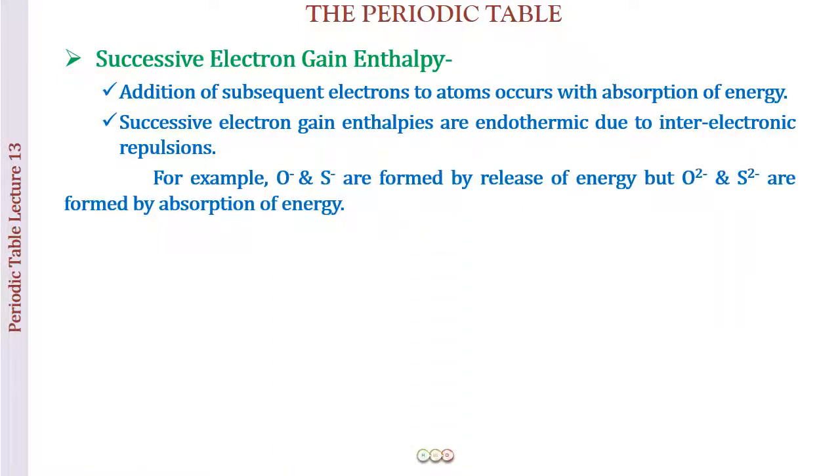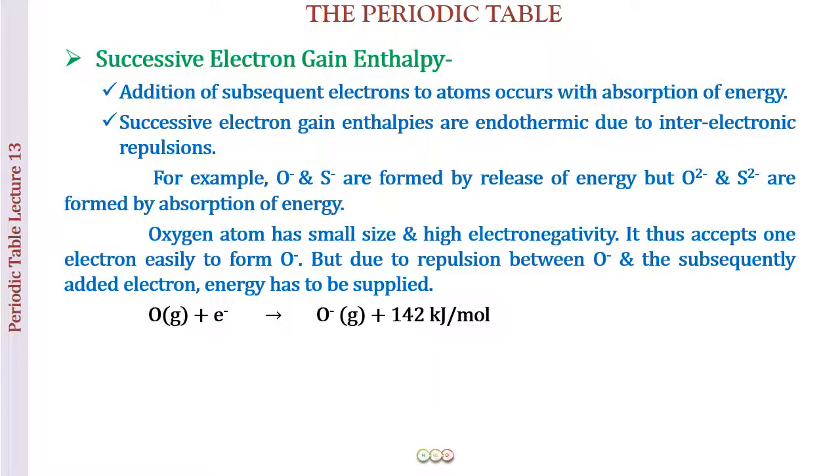You can understand this with the example of oxygen and sulfur. So let us first of all see oxygen. Oxygen added an electron forming an O negative ion, and 142 kilojoule per mole energy is released.